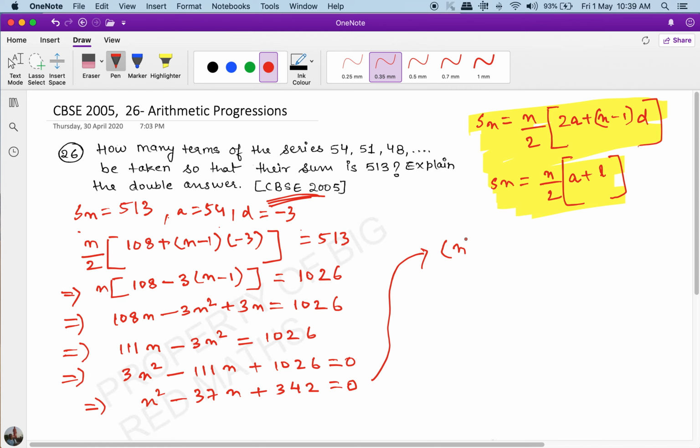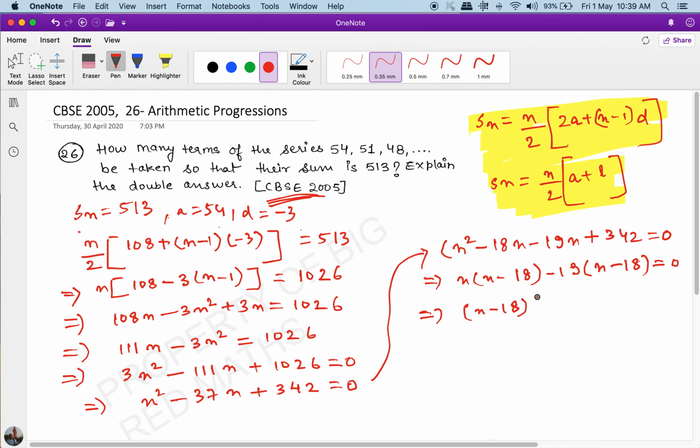This is n square minus 18n minus 19n plus 342 equal to 0, and this becomes n into (n minus 18) minus 19 into (n minus 18) equal to 0, which is (n minus 18) multiplied by (n minus 19) equal to 0.